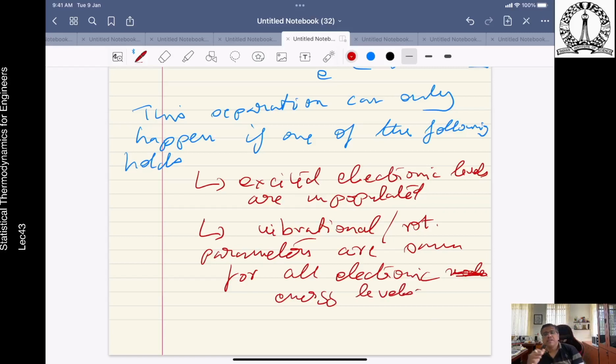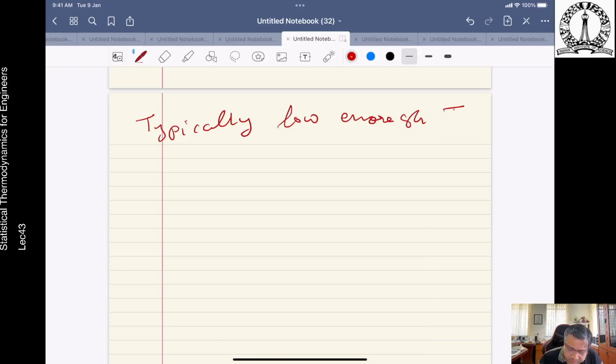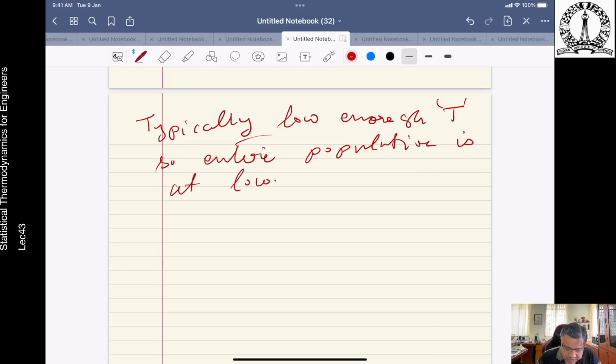Okay, so the most common scenario first is the presumption of sufficiently low temperature so that the entire molecular population is within the ground electronic state. This happens typically if we choose a low enough temperature, so the entire population is at the lowest or ground state.